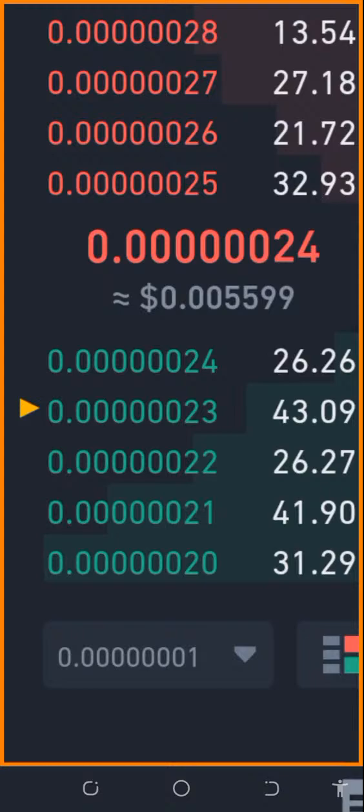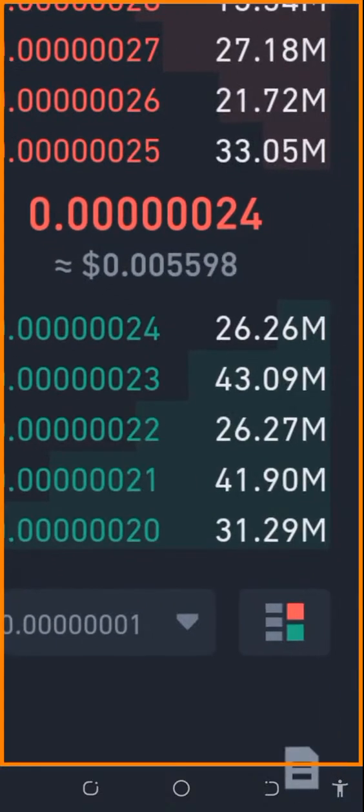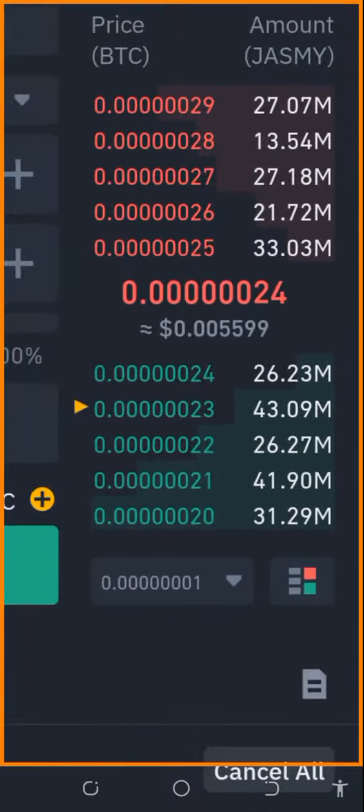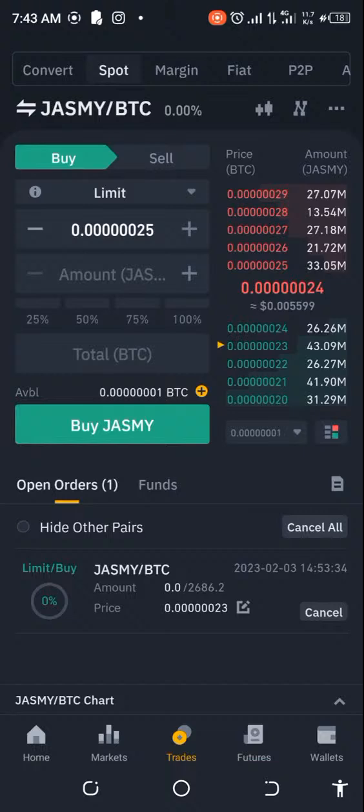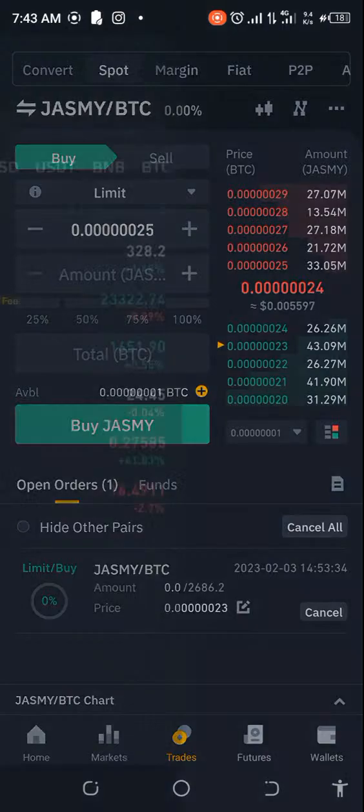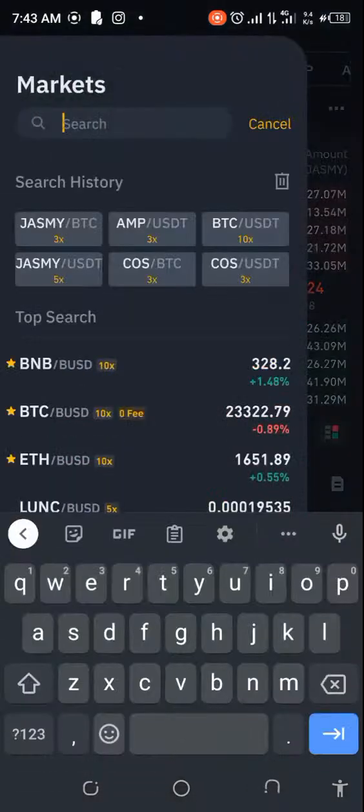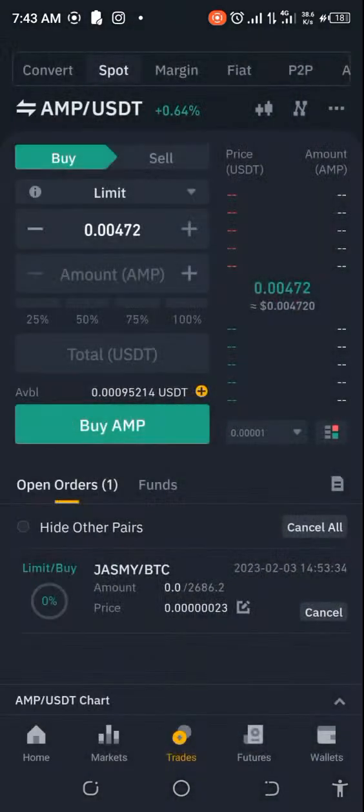It has been like that for a couple of hours, which means it's going to take a whole long while, probably almost a day or thereabout, and that already is taking so long. So what I'm looking at right now is to cancel this particular trade and then go ahead and try to buy AMP with BTC.